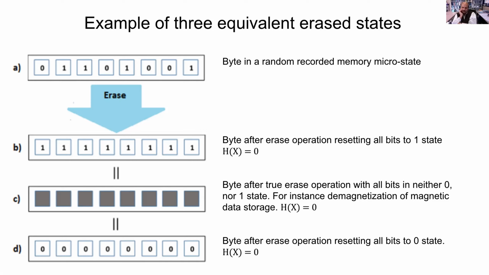So I think this is a good point. Basically all those three states B, C, and D have no information, no uncertainty, right? And hence, from an informational perspective, they are equivalent. The concept of observer is useful, but it doesn't have to be a human observer.